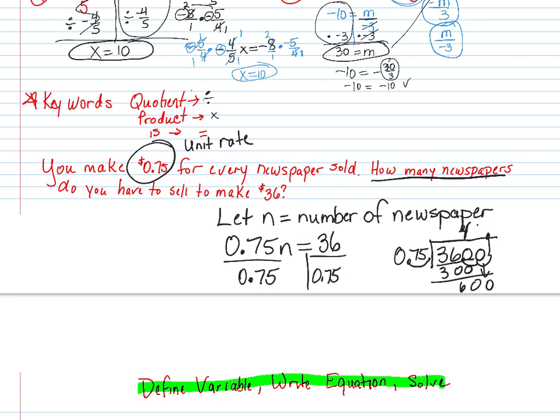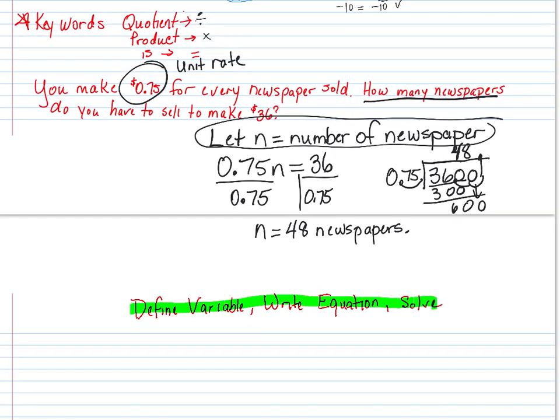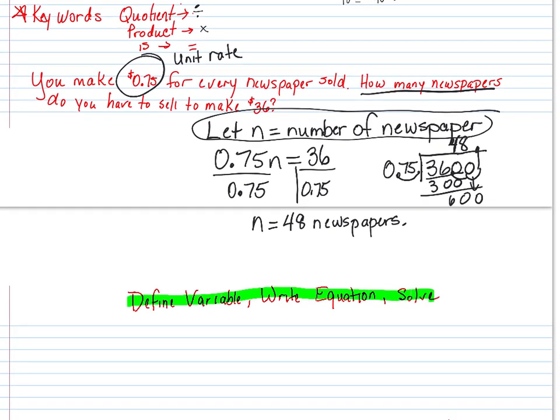It would be 8 times. So n is equal to 48. What's my label? Look at the way you defined it. Newspapers. Okay? So any story problem you have, you're going to need to define a variable, write an equation, and solve.